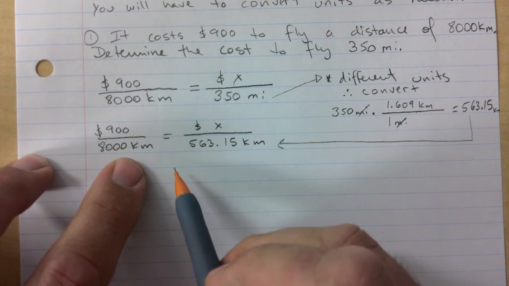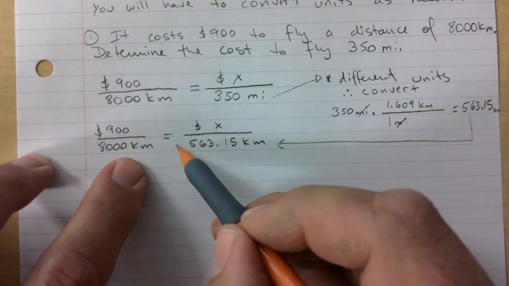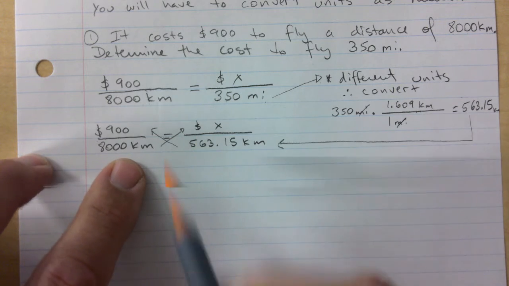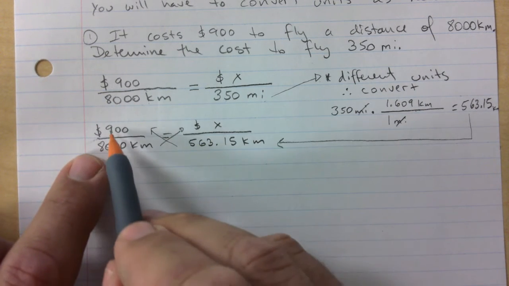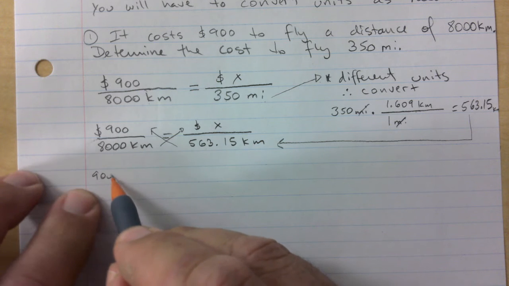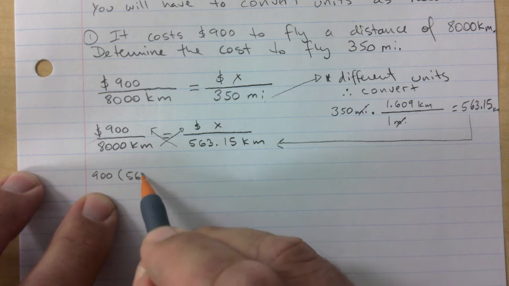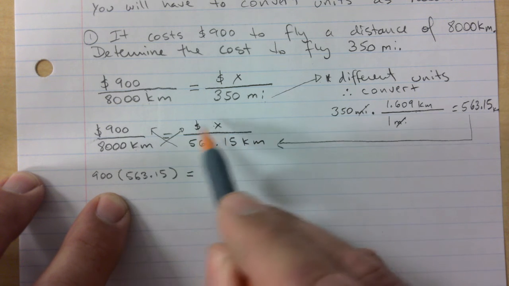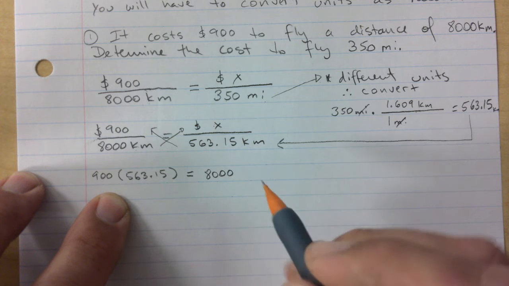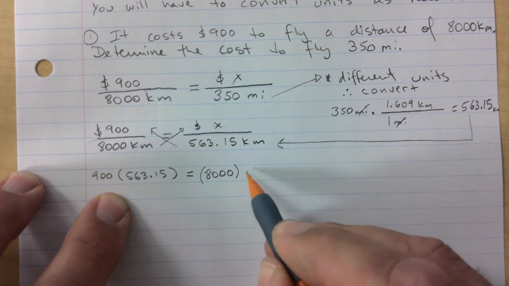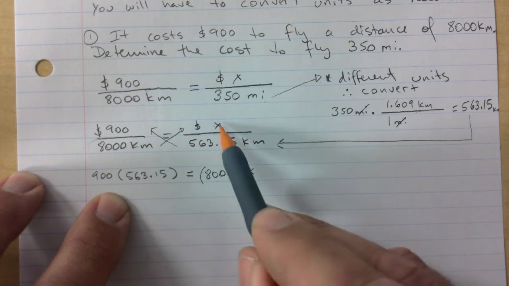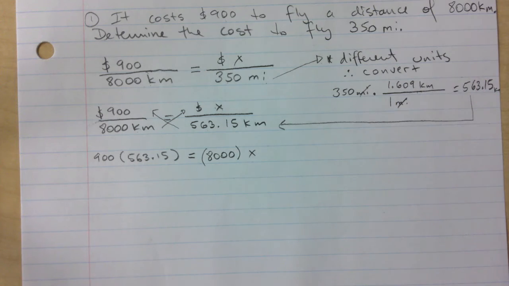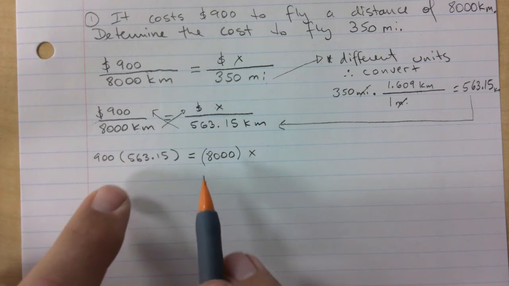So in a sense, what you need to do is multiply across like this. Cross multiply and then divide. So this ends up being 900 times 563.15. And over here you have 8,000 multiplied by x. That rings a bell, right? Cross multiplying.